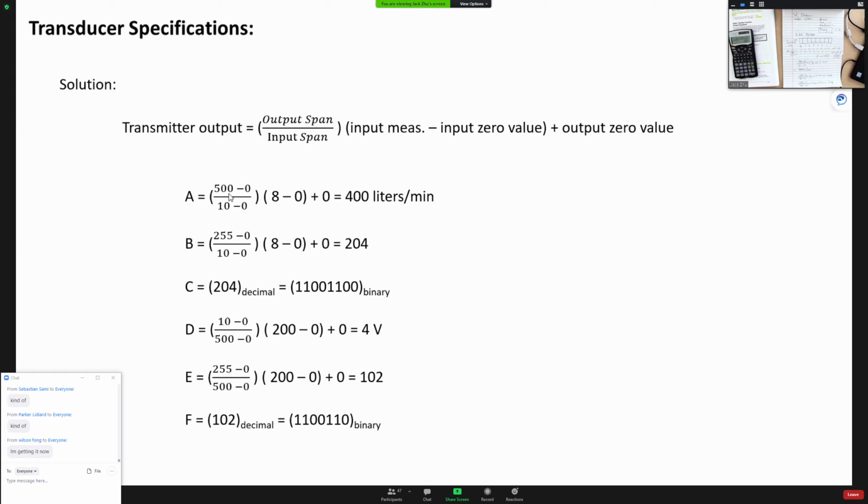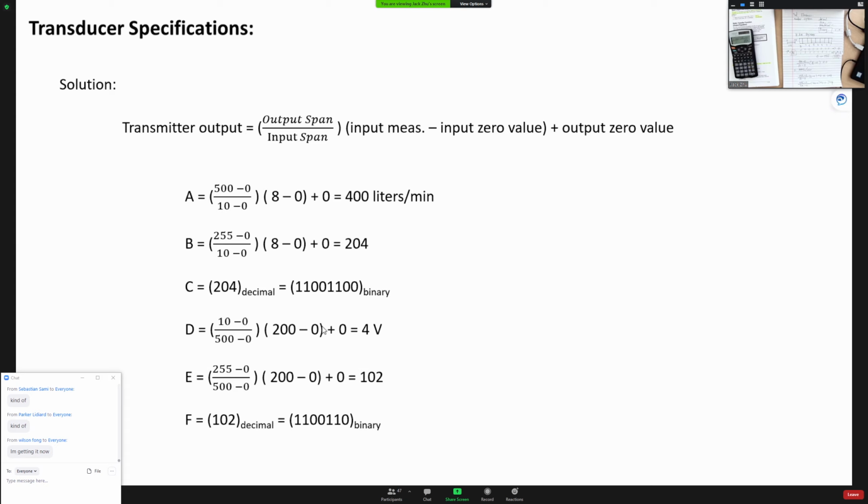Still the same thing down here: the output span, input span, and we also add the 0 value. This one, the 0 value is 0. That's it. So we can convert between 8 volts and 400 liters, or 400 liters to 8 volts. Like here, 200 liters is going to give us 4 volts.